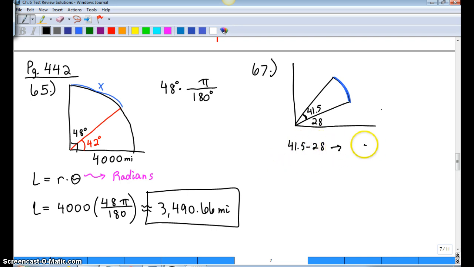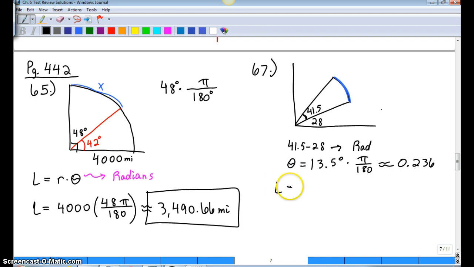So convert that to radians. We get our theta to be 13.5 degrees times pi over 180. We get an approximation of about 0.236 radians.